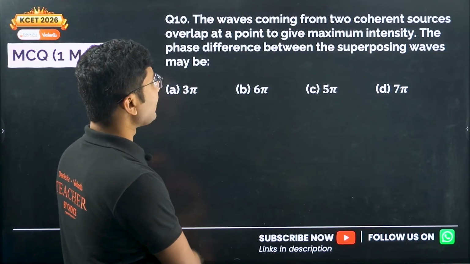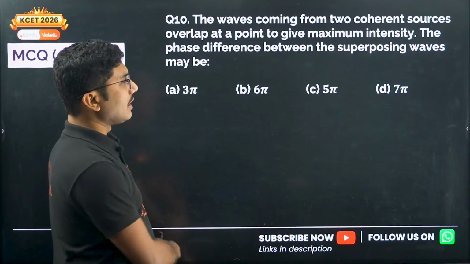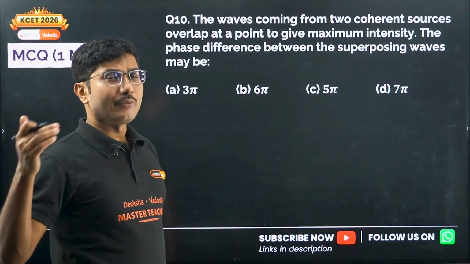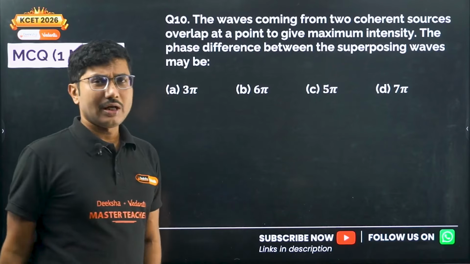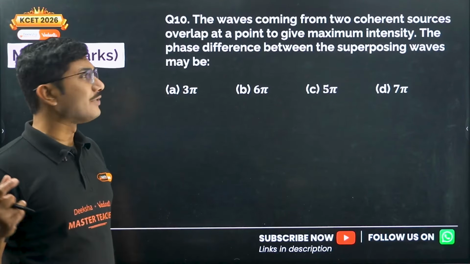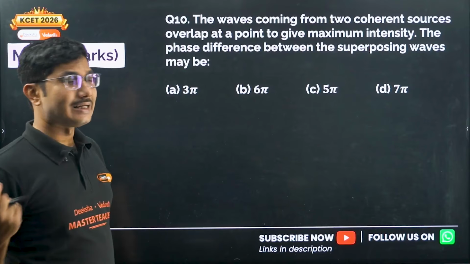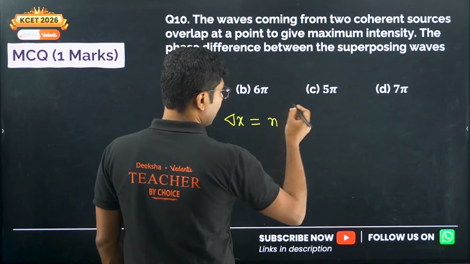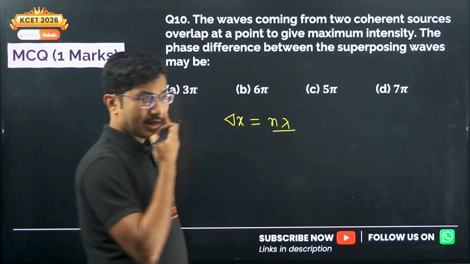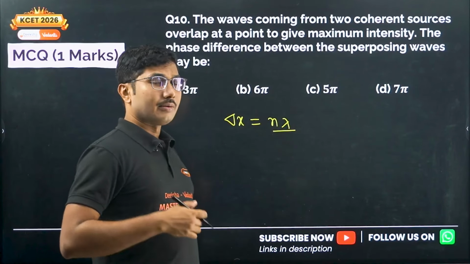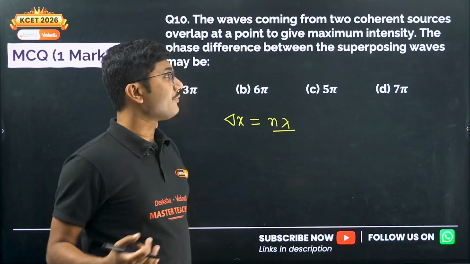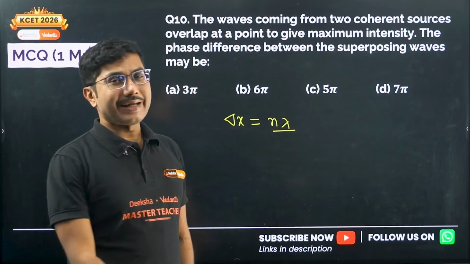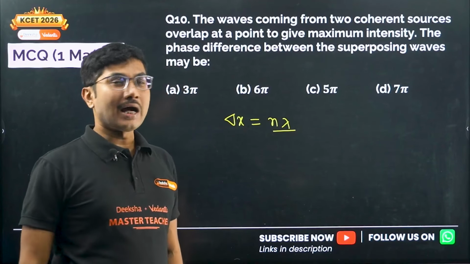The phase difference between the superposing waves may be... We know that when waves overlap with each other, if the path difference is an integer multiple of lambda, then we get constructive interference, which means the intensity increases. For constructive interference, delta x should be equal to n lambda. Now this is the path difference.